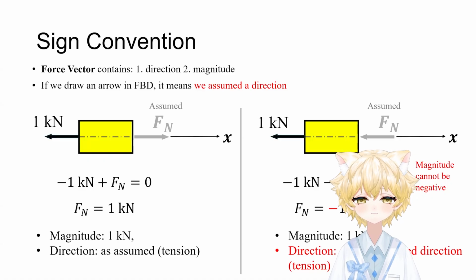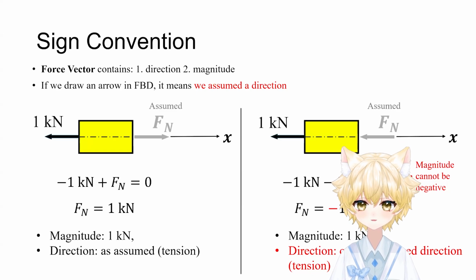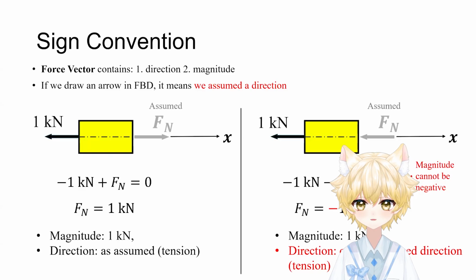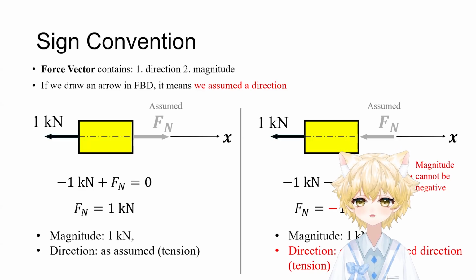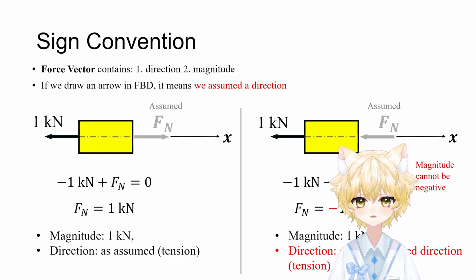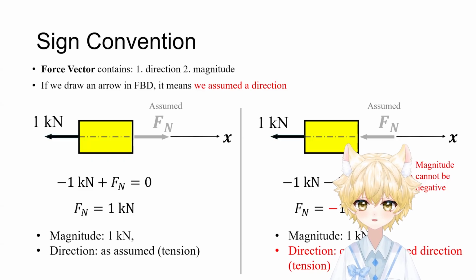Does this mean the magnitude of the force is negative? Well, actually no, because the force magnitude is always positive, right? Because it's a magnitude. There's no positive or negative for the magnitude. Did you make a math error? Well, actually, no. A negative sign simply means the true direction of the force is opposite to the arrow you draw, right? It is opposite to the direction you assumed.